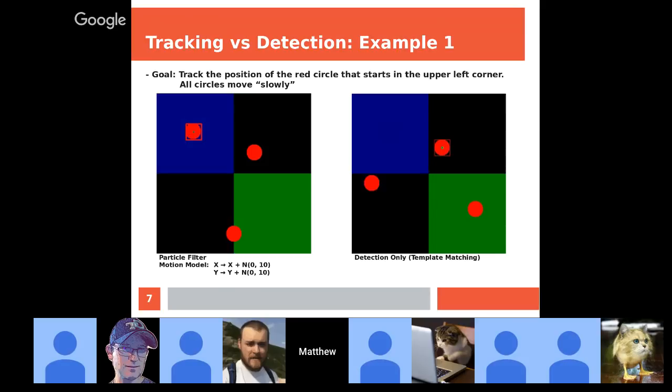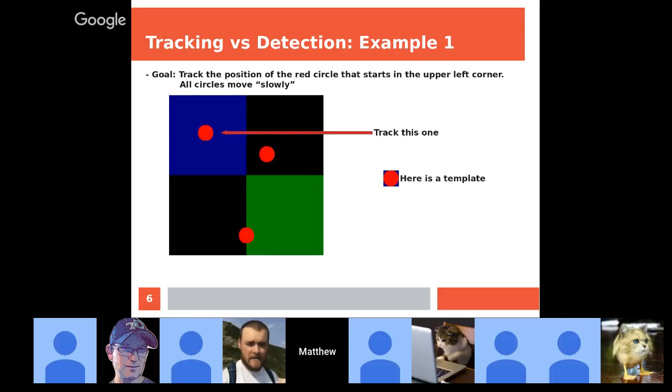If you wanted to track all 3 circles, then yes, you'd want to have 3 different particle filters. I set up this problem saying I only want to track the circle that starts in the upper left-hand corner, so I needed only 1 particle filter. And I had to be a little careful about initialization to make sure my particles ended up on that circle and not one of the other 3.